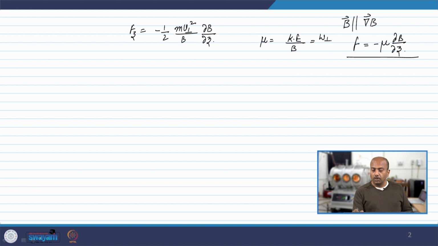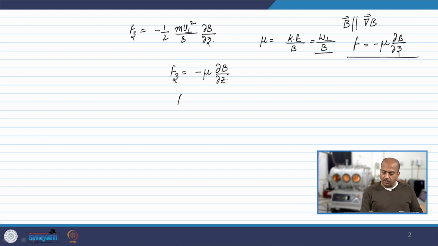So, if you use that, we can write Fz as minus mu dou B over dou z, or we can write a generalized expression as the z component of the force is minus mu times the parallel gradient along the direction of the magnetic field, right.